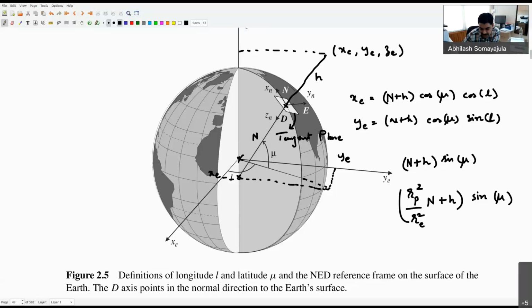Why? Why will it not intersect there? It is not an exact sphere. Because the Earth is not an exact ellipsoid, sorry, not an exact sphere, so that is why it will not intersect there. Right?